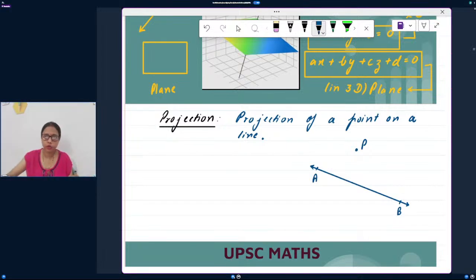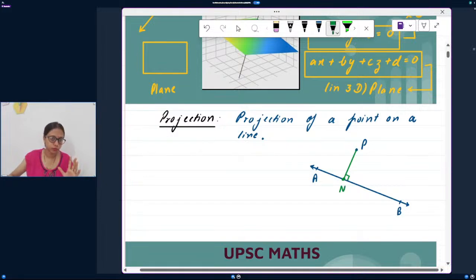If I drop a perpendicular from the point on the line, the foot of the perpendicular is your projection. Projection of a line would be a line, projection of a point will be a point, projection of a plane will be a plane. So projection of a point will be a point. And what is that point? N, the foot of the perpendicular.